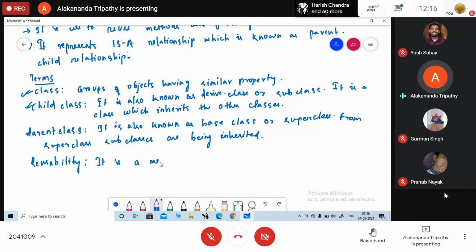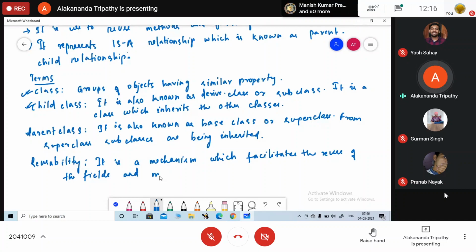Reusability is a mechanism which facilitates the reuse of the fields and methods of the existing class. Okay.